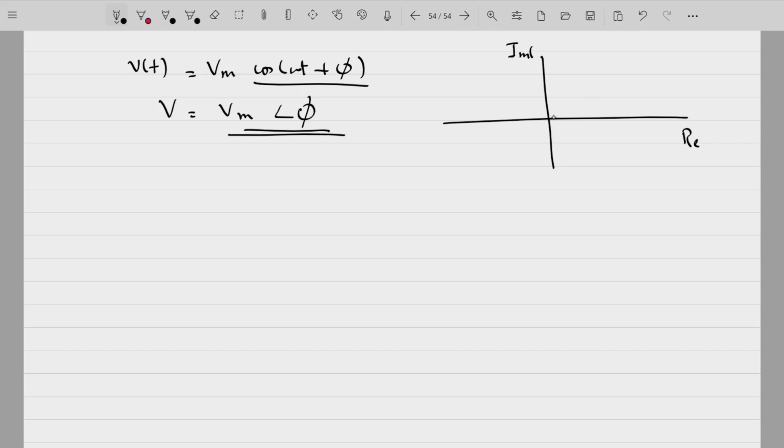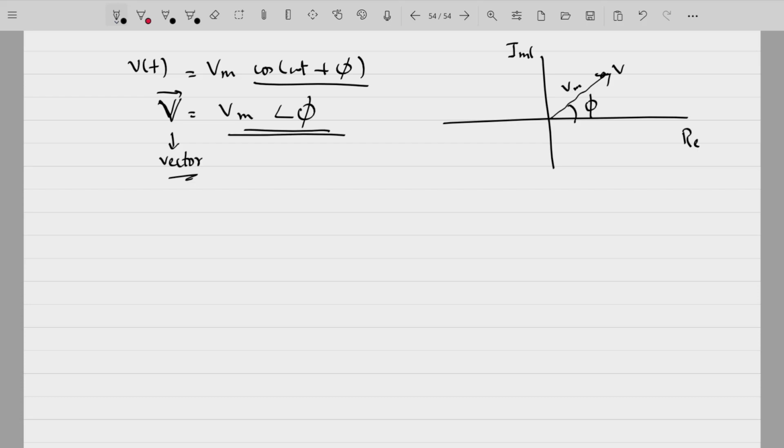So we have a number with a magnitude of Vm, making an angle of phi with the real axis. Therefore V here is a vector. So AC voltage in phasor form is a vector quantity.